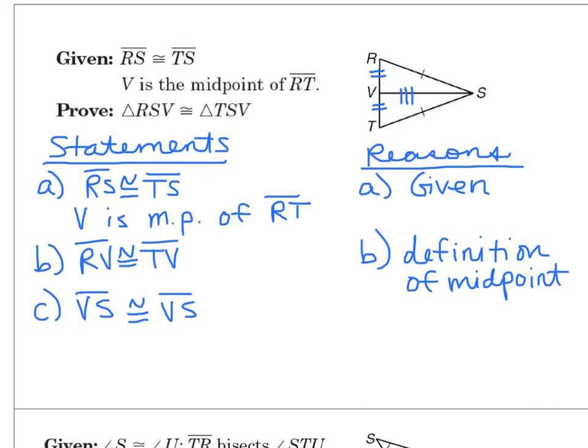And so back when we started learning all of these reasons that we could write down in proofs, one of the first things that we learned was the reflexive property, which says that every line segment is congruent to itself, just like I've written in statement C. So we're going to write reflexive here.